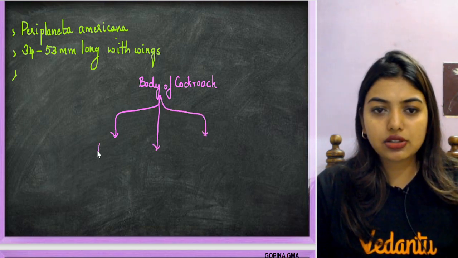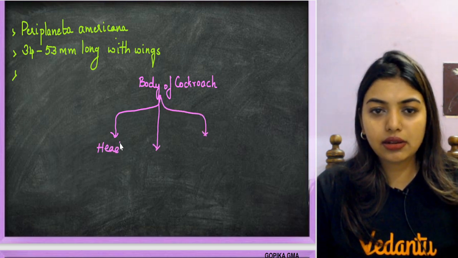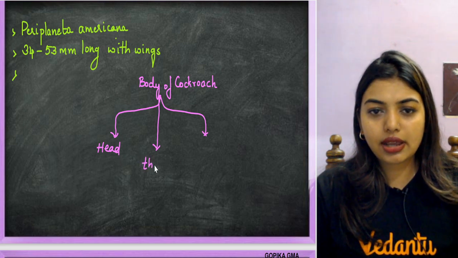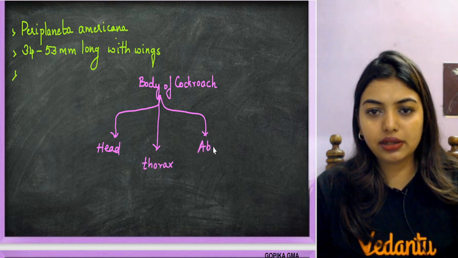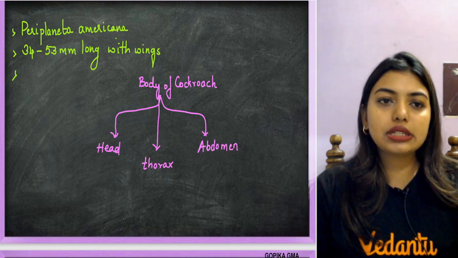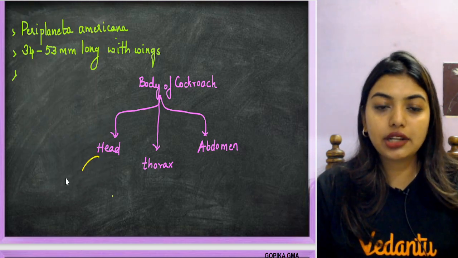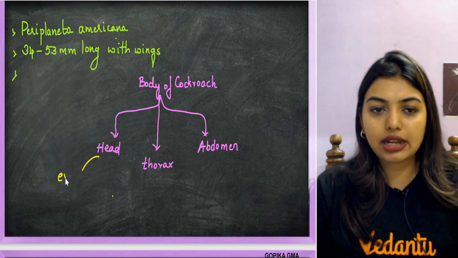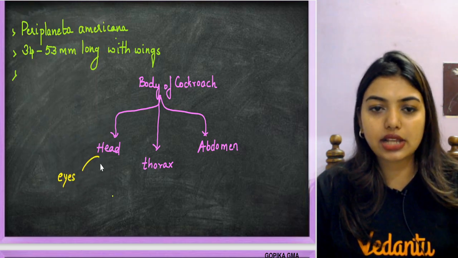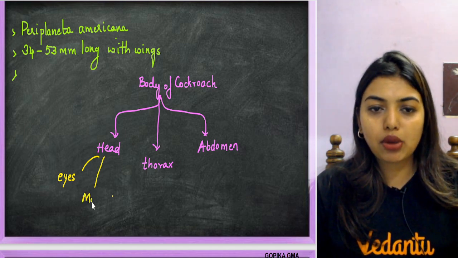One is called the head, another one is called the thorax, next is called the abdomen. So students, remember, on the head region what and all is present. On the head region you will have eyes. I'll write only, it's compound eyes actually. Eyes, mouth parts will be there.